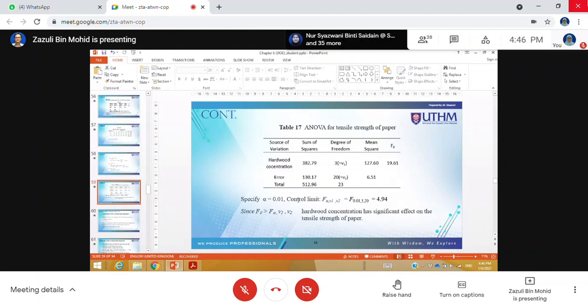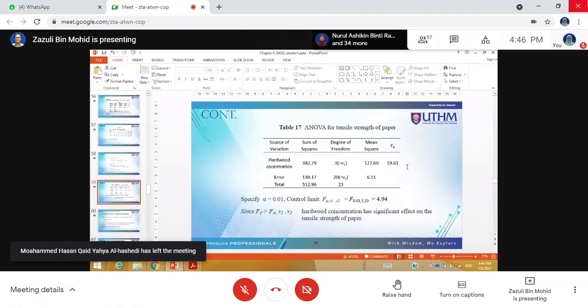Make sure that you create a table like this, complete it, and then you have your conclusion at the bottom of the table. That is the method how you can get full mark in these questions.